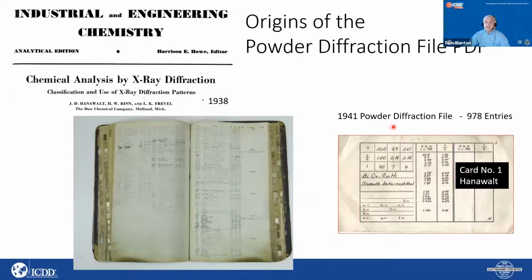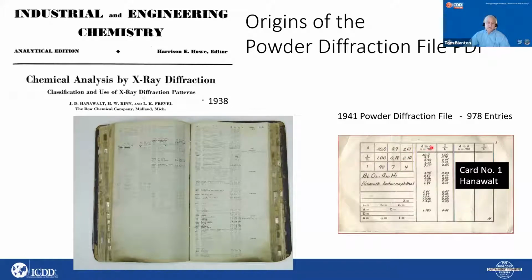In 1941, the first Powder Diffraction File cards were published. This was through ASTM. There were 978 entries. They actually put the data on an index-size card. They were handwritten entries, and they were a publication that included d-spacings, intensities, a little bit of chemical information, and information about the three most intense diffraction peaks to help with the phase ID.